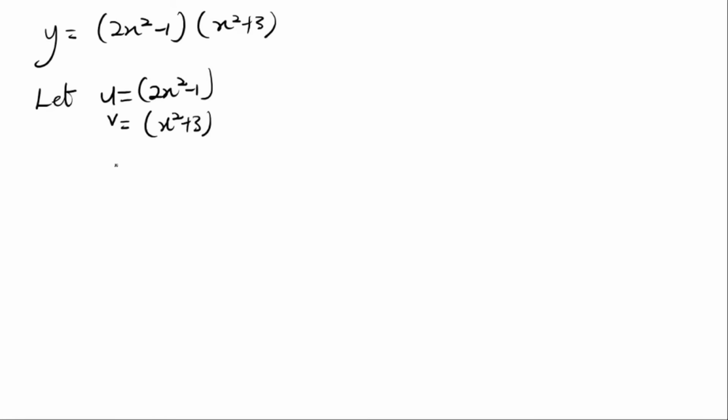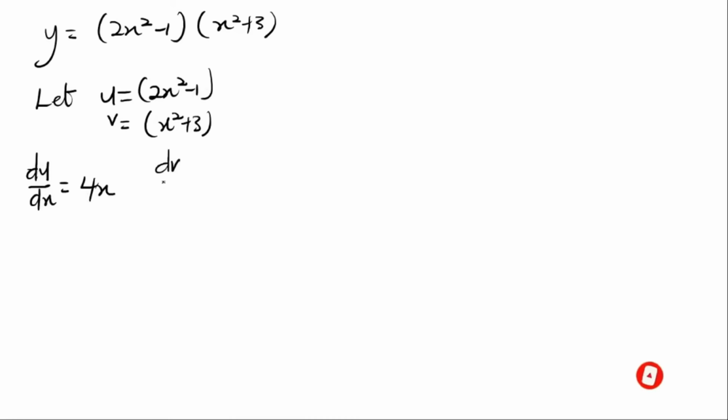So we differentiate each of the individual functions. Our du/dx, the differentiation of the first function, becomes: if we differentiate 2x squared, we get 4x. We differentiate a constant, we get 0. So our du/dx becomes 4x.